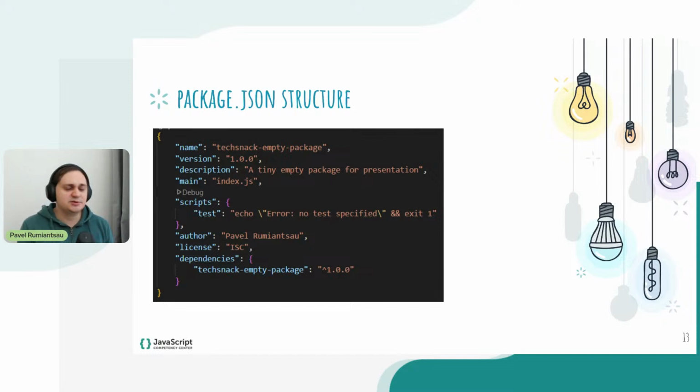The next part, author. Of course, it's me in this case, and it will be you or your organization or something. The next part is license. I don't want to talk much about licenses right now because licenses are a specific topic, especially when you're developing packages for organizations who want to actually sell your packages.